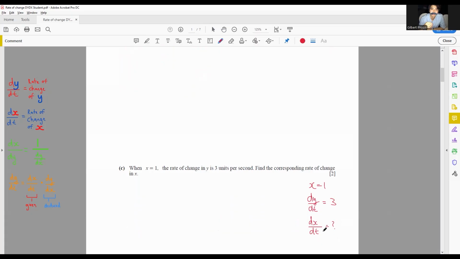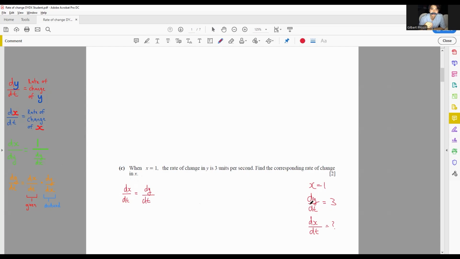This is the question. Now, the next thing we're going to have to do is form the equation like I mentioned here with the givens and the deduced. So in here, the question is to find dx over dt. Finding dx/dt, you're going to need to use whatever you've been given here, dy over dt.